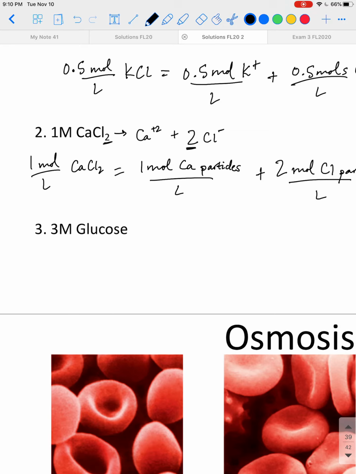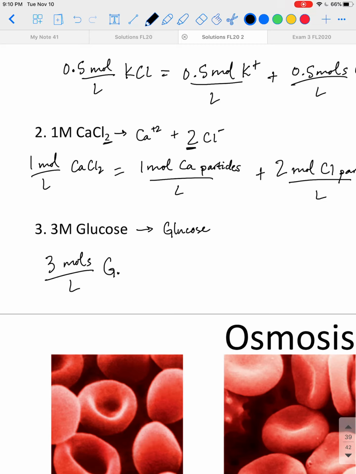All right, what about 3 molar glucose? So we have 3 moles per liter of capital G glucose. That's going to break apart into how many particles? This is a trick question because it doesn't break apart into ions or any smaller particles.